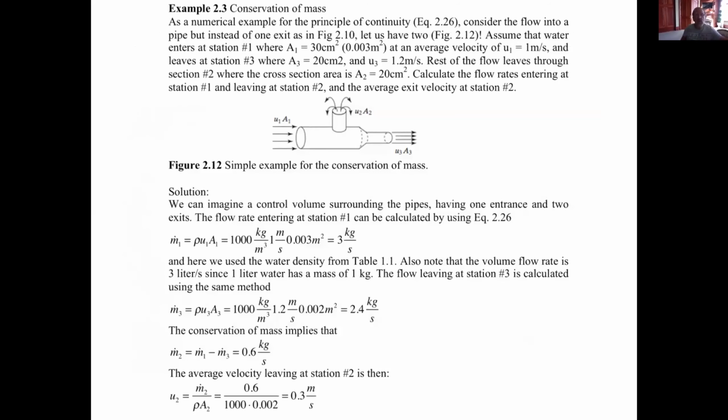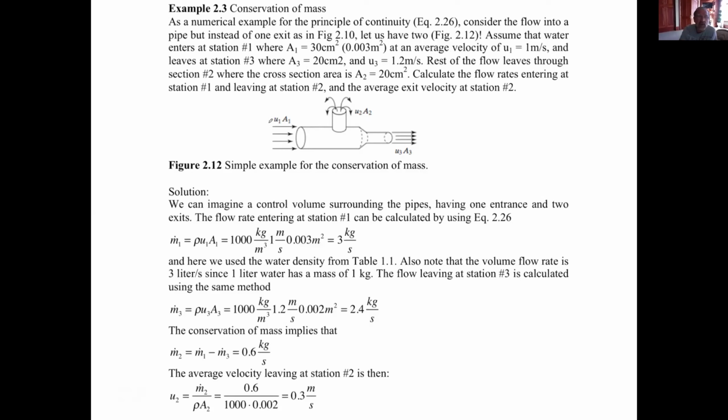Okay, this is a more complicated one, and it's again a problem not about forces. This is about flow rate. So density is the same, therefore we're going to use only the volume rate. What the problem says is here, let me get that. We may not be able to finish, but let me start with that. The problem states that there is flow going in. Assume water enters station 1 at a given average velocity.